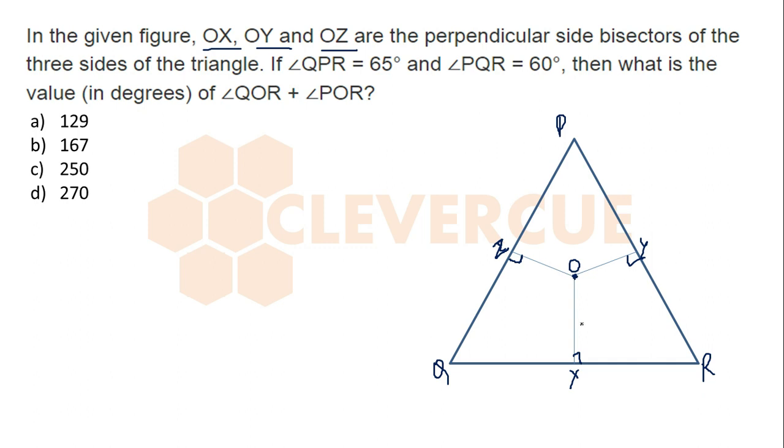To find the circumcenter, you will be taking the perpendicular bisectors of these sides, and the intersection point of two of those three lines will be the circumcenter. Okay, so this is the circumcenter.